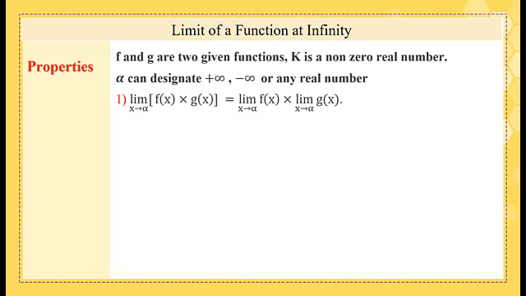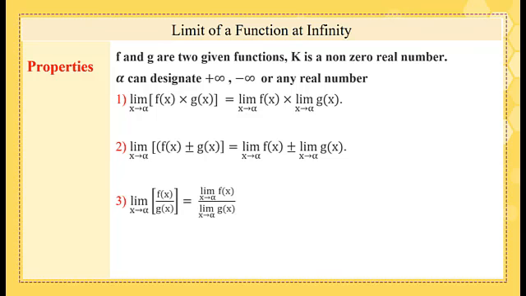The first property: the limit as x tends to a of f of x times g of x is equal to the limit of f of x as x tends to a times the limit of g of x as x tends to a. The second property: if we add or subtract two functions, the limit as x tends to a of f of x plus or minus g of x is the limit of f of x as x tends to a plus or minus the limit of g of x as x tends to a.